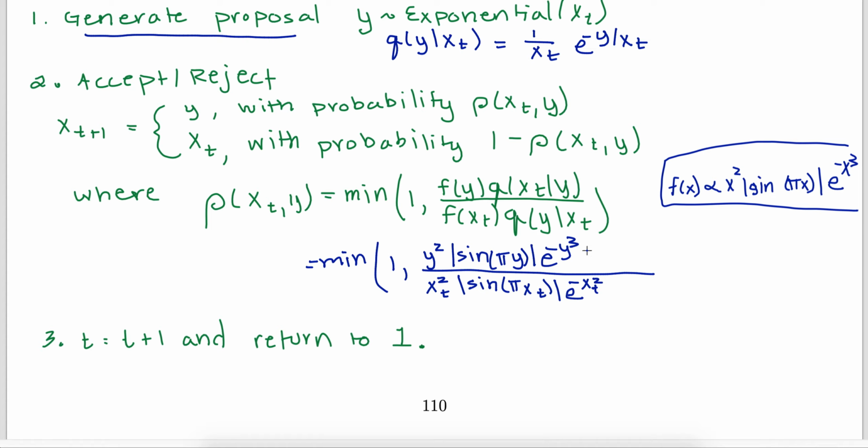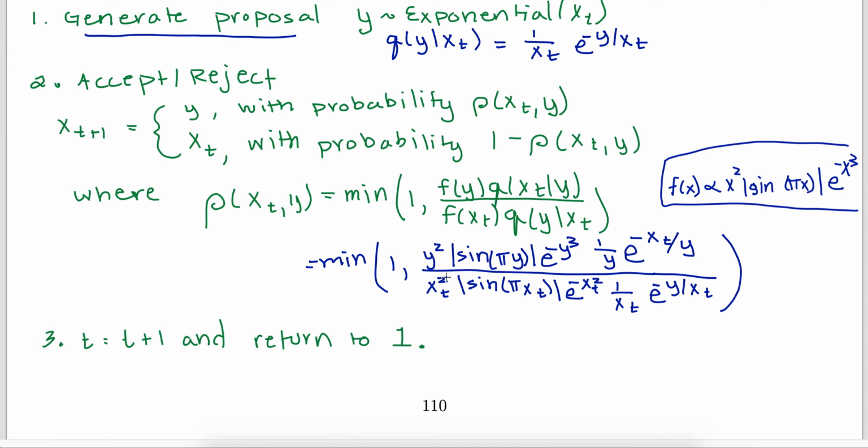So let's jot that down. So 1 over, our parameter is y in this case, so 1 over y, e to the negative xt, our variable is xt, given our parameter y. And the denominator, that's just switched around, 1 over xt, e to the negative y over xt.